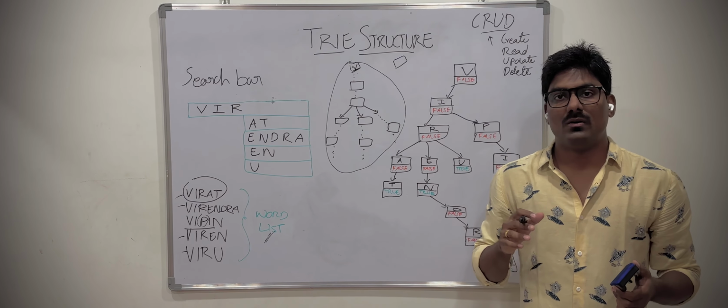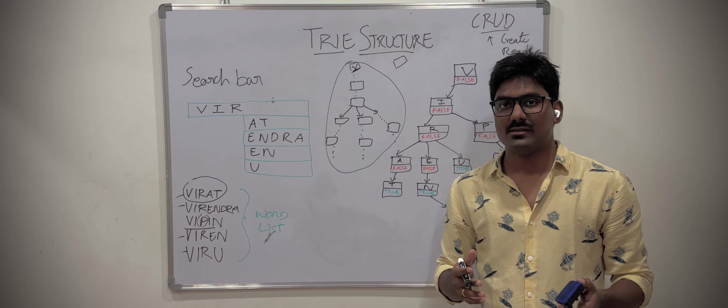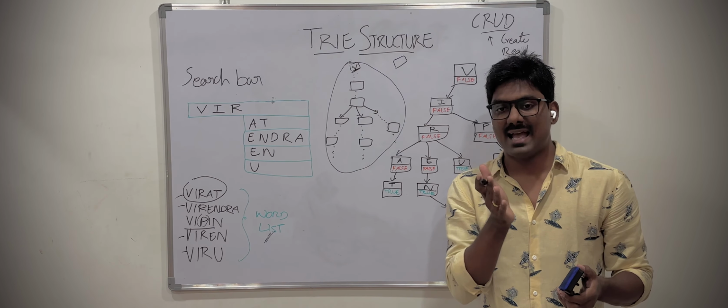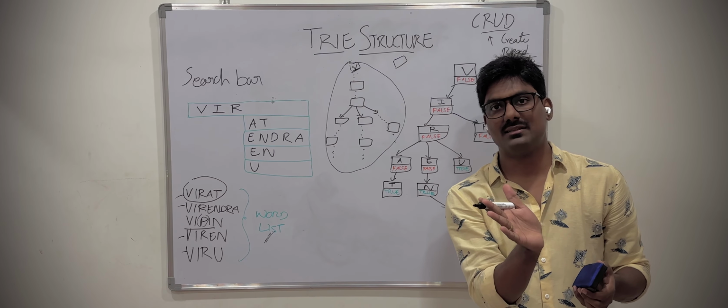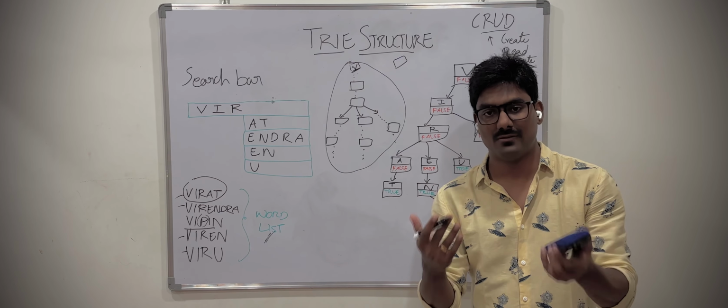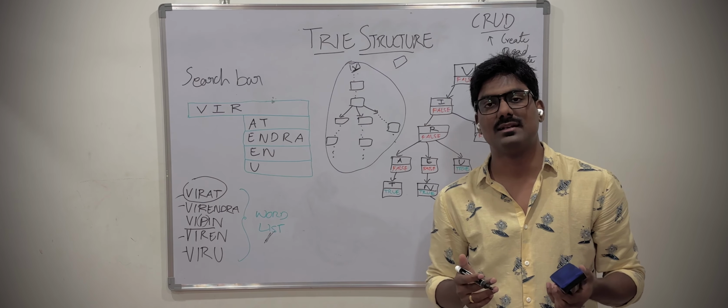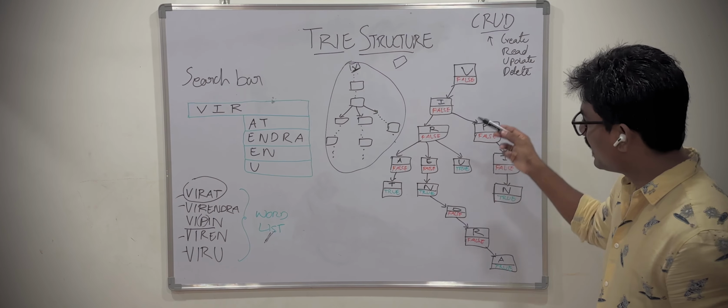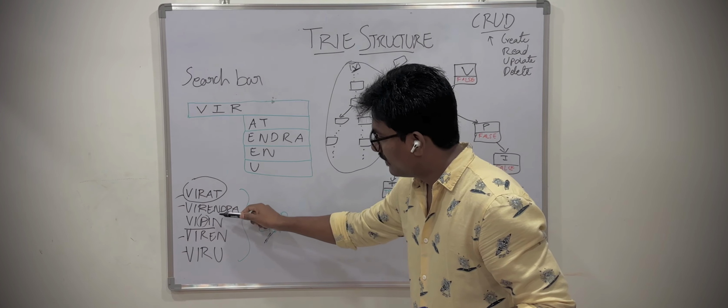So what that will denote is it will tell you whether in that particular path it has to stop somewhere, saying that it is one of the words which you have to put in the list. If you look carefully, there are 5 words.